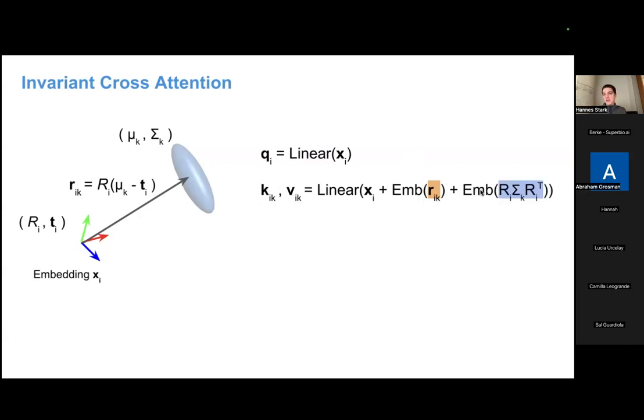Then we also add an embedding of the covariance matrix after rotating it into the frame of reference of our frame, the coordinate system of reference of our frame. And these are the queries, keys, and values that we feed into some attention mechanism.